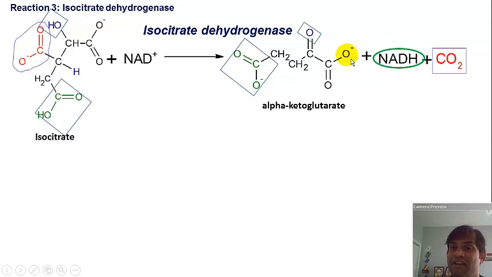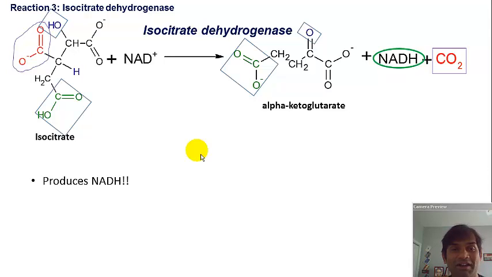So not only is this an oxidation-reduction reaction, but this is also a decarboxylation reaction because this COO minus comes off as CO2.